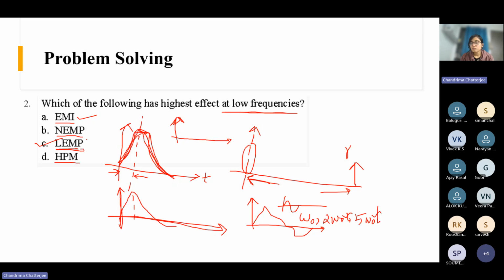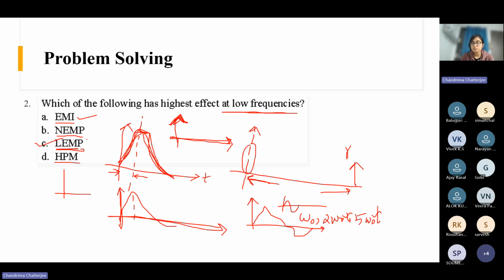Alright, I will see the question also. I will just see it once more myself, and I will try to explain it more clearly. So your question was how exactly the rise time is related to the effect, right?